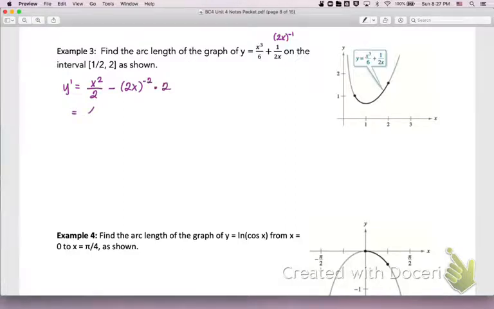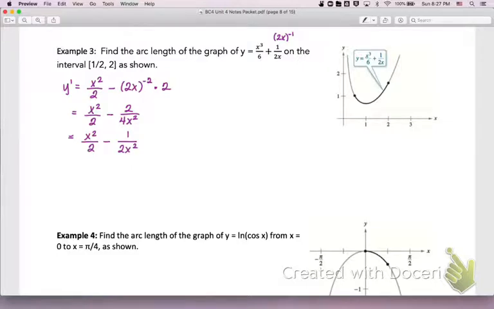So we get x squared over 2 minus 2 over 4x squared. And we can clean that up, but again, we're about to put it in our calculator, so it really doesn't matter. 1 over 2x squared is what that ends up with.